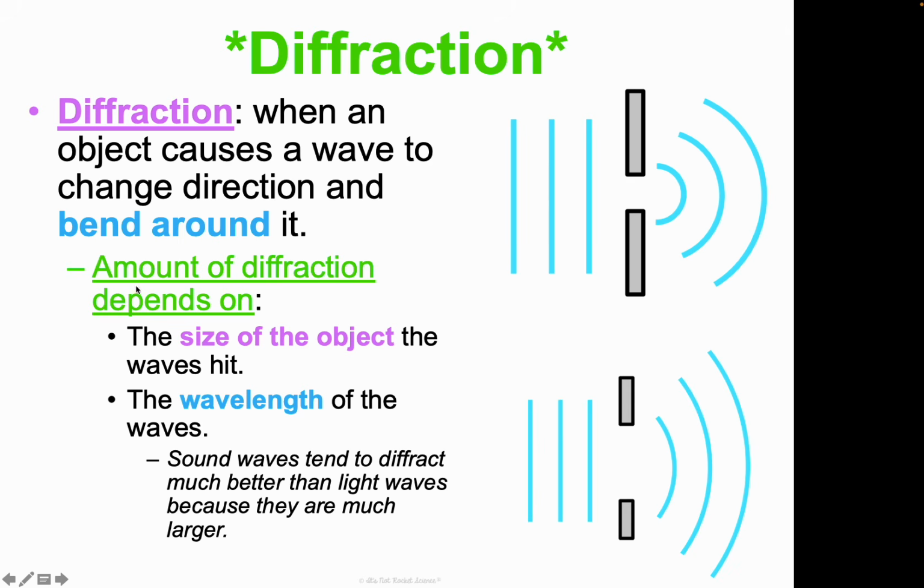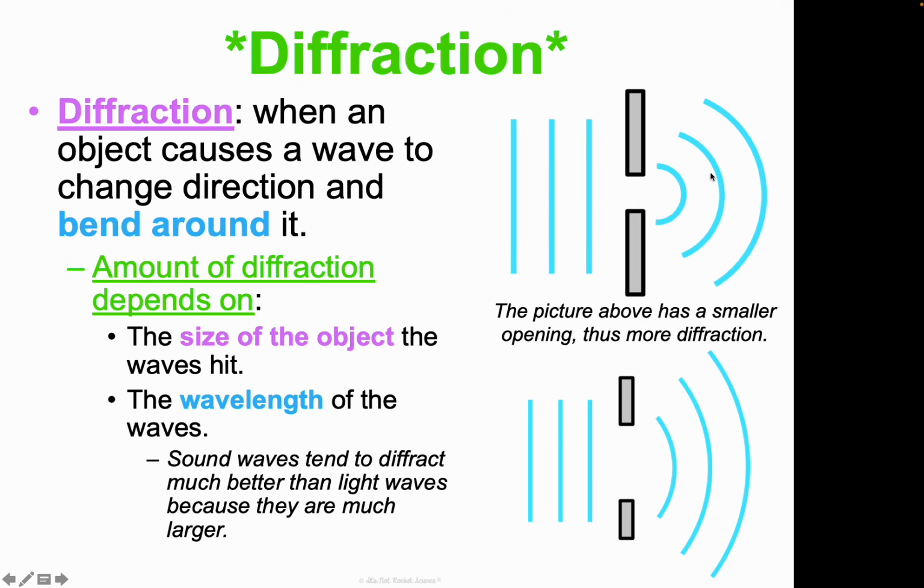Think about if you were standing on one side of a doorway and someone was on the other side of that doorway. You could be talking and the sound would get to them very easily because it can bend around the doorway, as opposed to the light that would be bending around the doorway. Looking at this picture as well, you can see the picture above here. This has a smaller opening here.